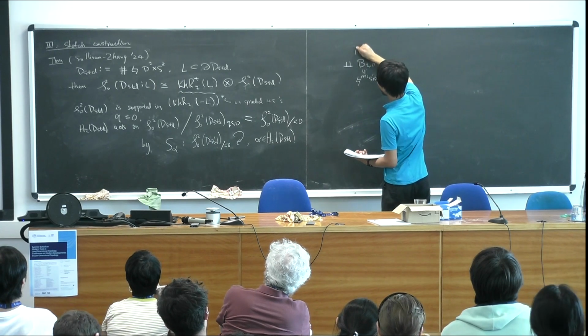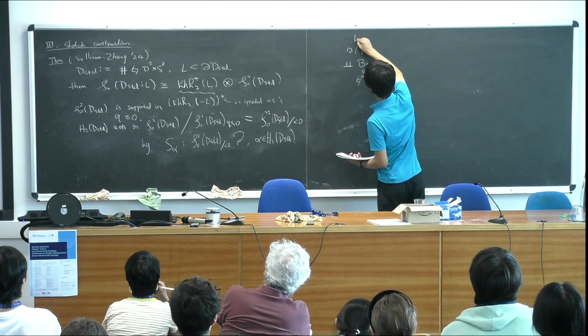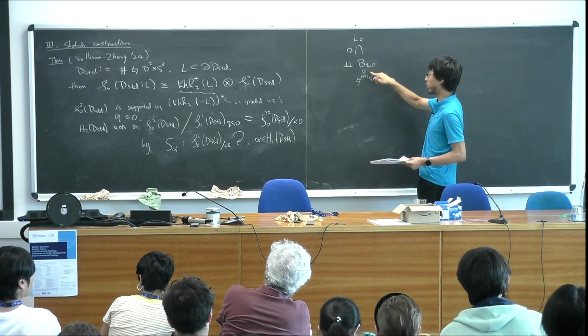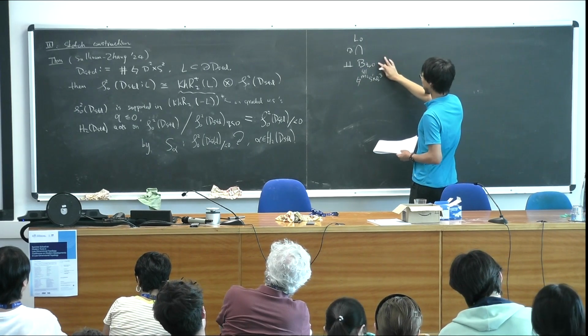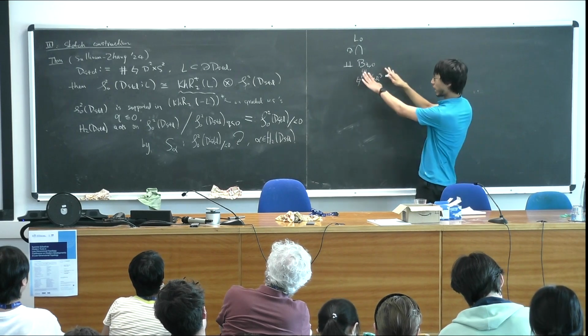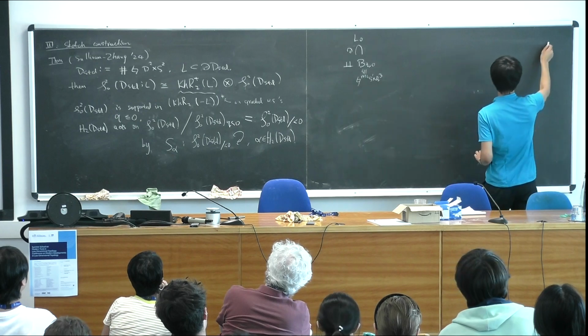And inside of its boundary, I have a link. Let me just call it L0. It's going to split up into different components. This is a disconnected manifold. This is the inside of the thing. So remember this picture.